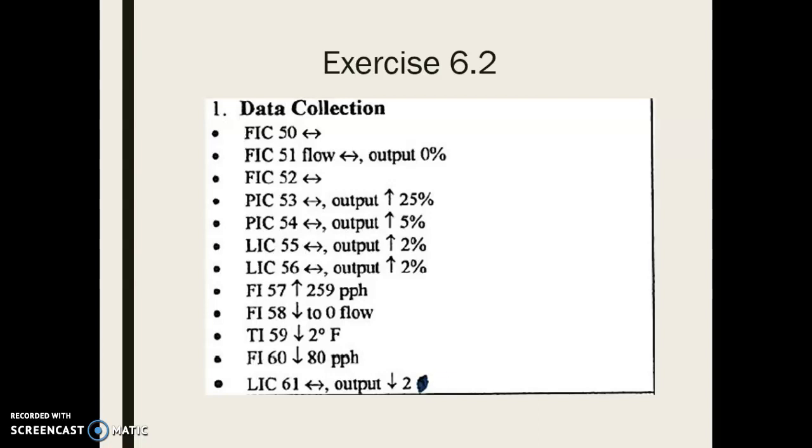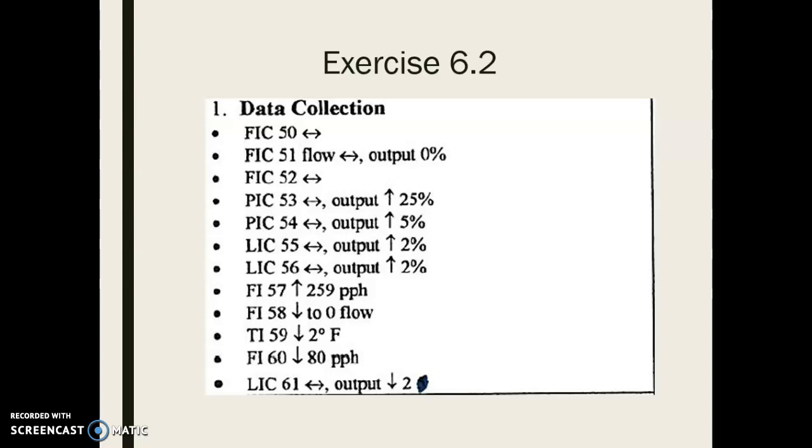FIC 52 steam input's okay. PIC, the pressure, the vacuum is okay, but the output is up 25%. And PIC 54 is okay, but the output is also up 5%. And PIC 54 is your D3 pressure control, the controller for the absorber column.